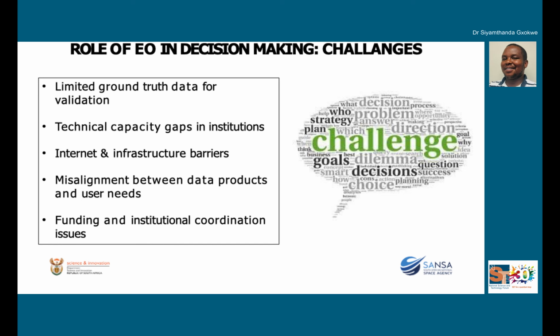Sometimes the misalignment between what they require and what we currently have presents challenges, because we find that some of the data that we have cannot necessarily solve some of the problems that we have. And then the last one will probably be funding, which is something that all institutions lately are facing, and also institutional coordination, like coming together and working together to build these systems that allow us to better inform decisions.